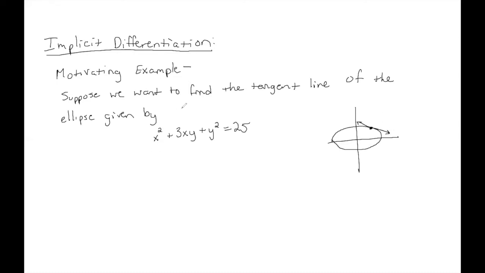Okay, so what do we need to do? Well, typically to find a tangent line, you need a slope and a point. We could pick a point, but more importantly, we need a slope. So to find slope, we need a derivative.